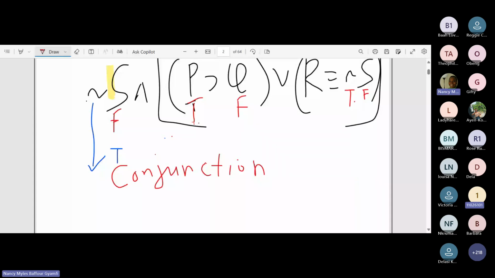False. Okay? But if P is true and the consequent is true, then the conditional will become what? True. You see that? So if we don't know the value of Q, can we tell what the value of our conditional is? No.